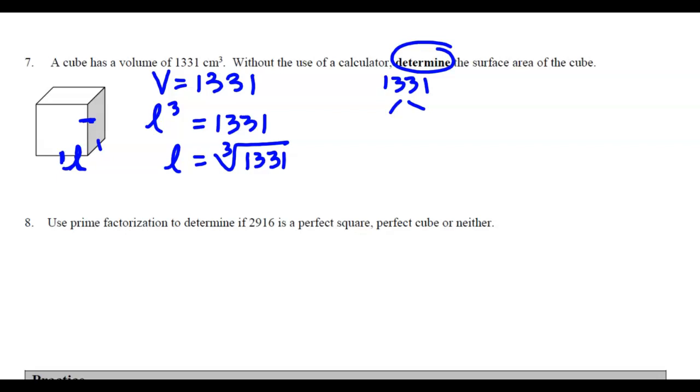Because then 8 needs to be even. 9, same deal as 3, or similar. 10 doesn't, try 11. So 11 goes in once, remainder of 2. 11 goes into 23 twice, remainder of 1. There you go. And then 121, hopefully you remember, that's 11 times 11. So now the length here is 11 centimeters.